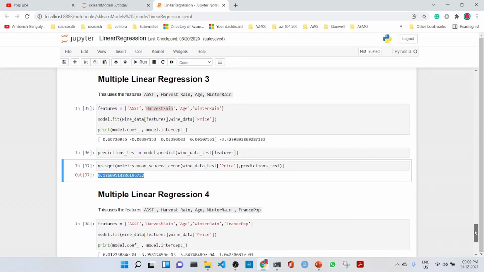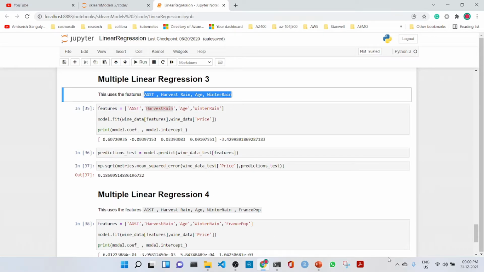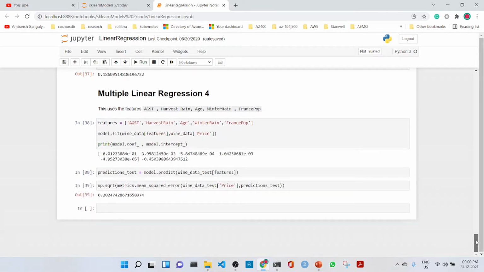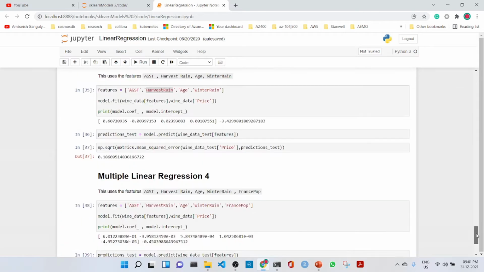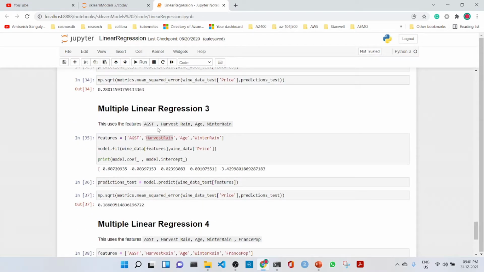But when we use five variables, which is AGST, harvest rain, age, winter rain, and France population, we see that it is around 0.20, which is larger than using the variables AGST, harvest rain, age, and winter rain.